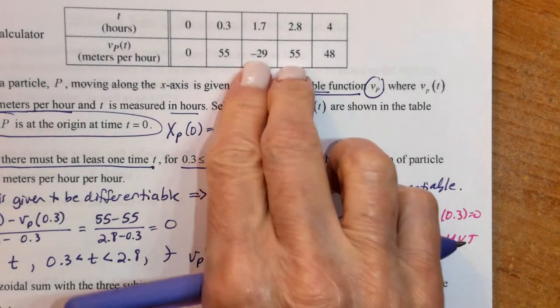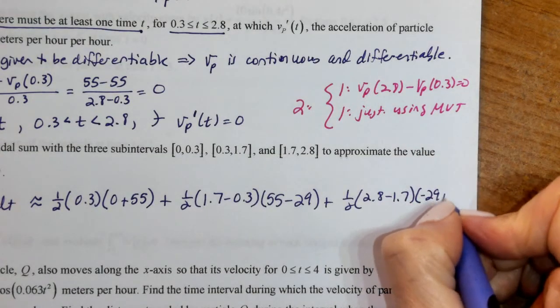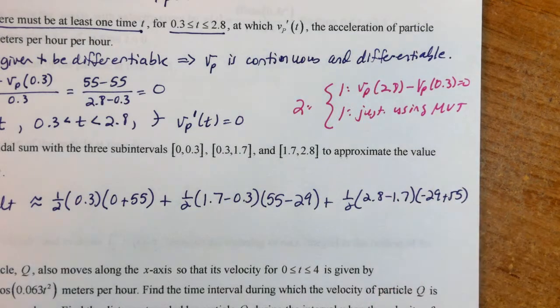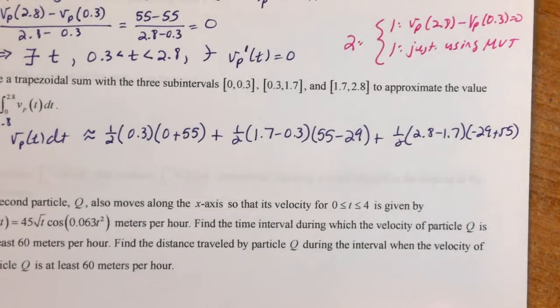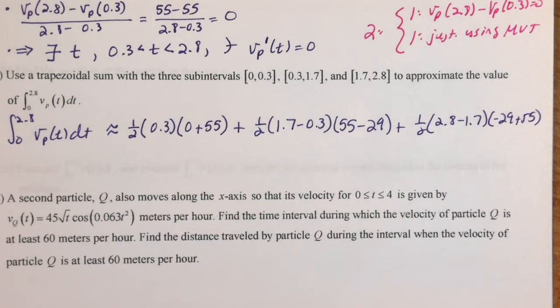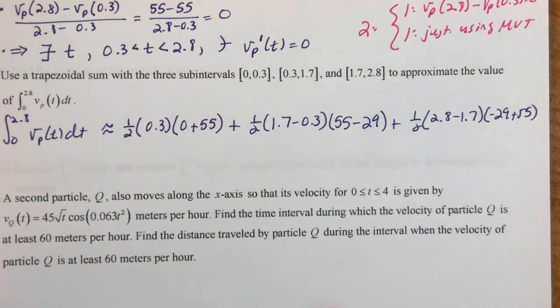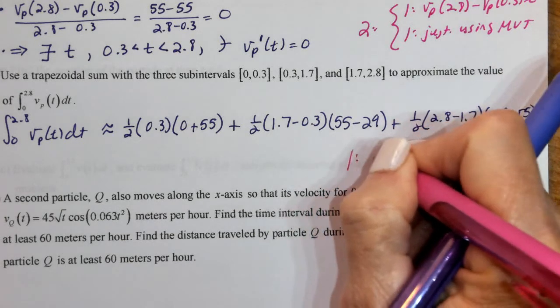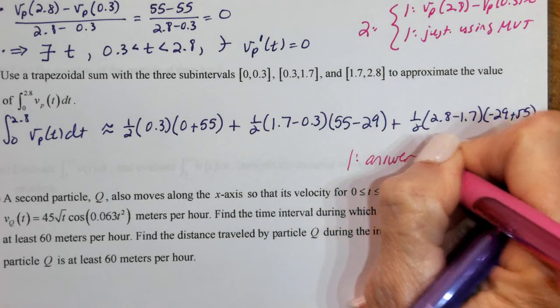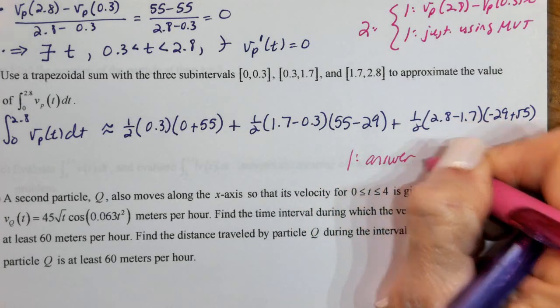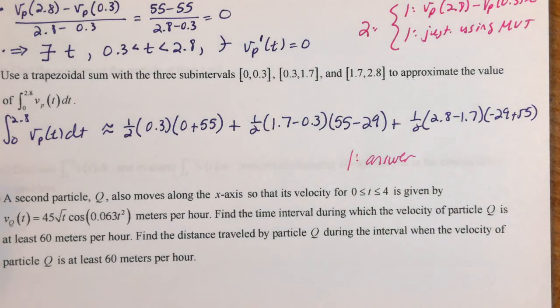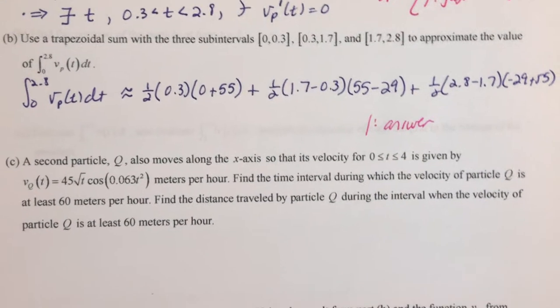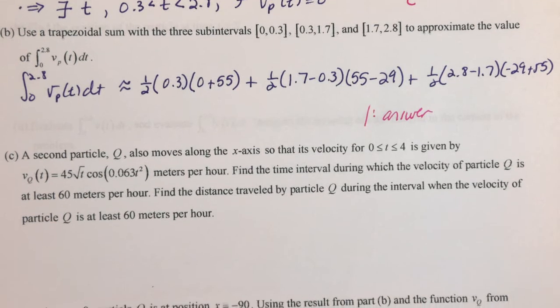And for that, we'll need the negative 29 plus 55. And that's it. I don't need to get out my calculator. This was worth just 1 point. That's interesting. Usually that's worth at least 2 points, but this time they only made that worth 1.